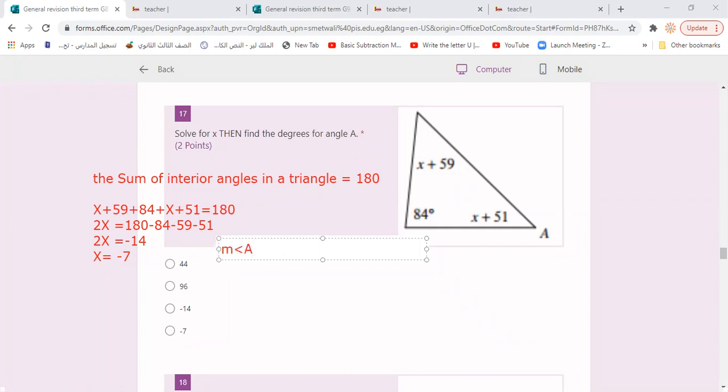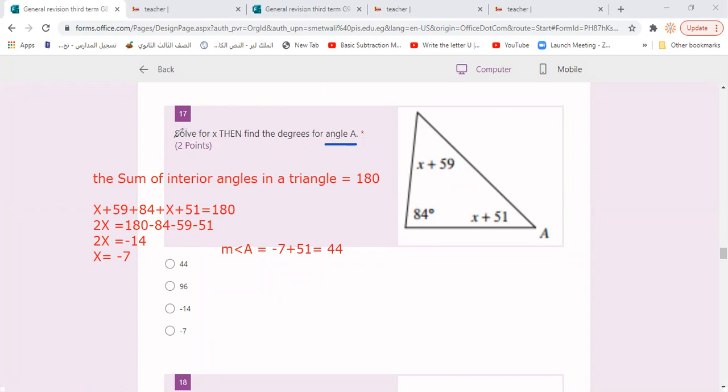So we have to go back and substitute. Then it will be negative 7 plus 59 plus 51, it will be 44. The answer equals 44, right? Then please, especially in mathematics, read the question once, twice, and read all the details.